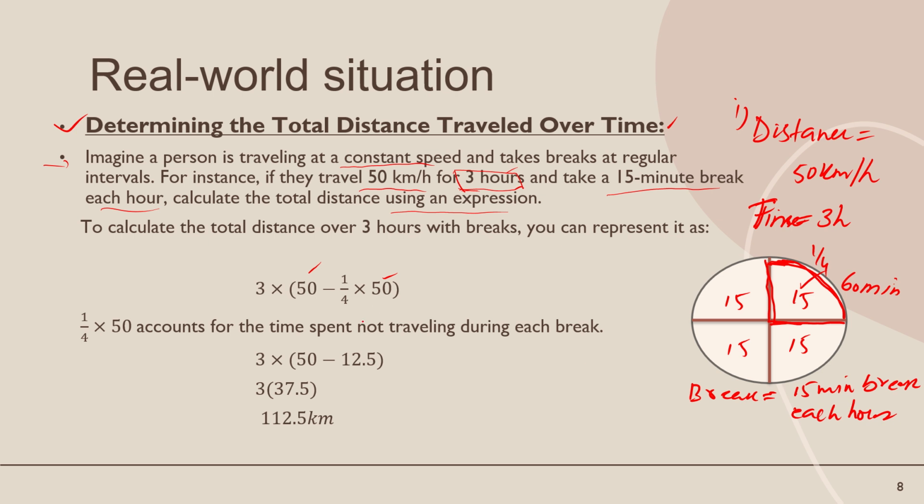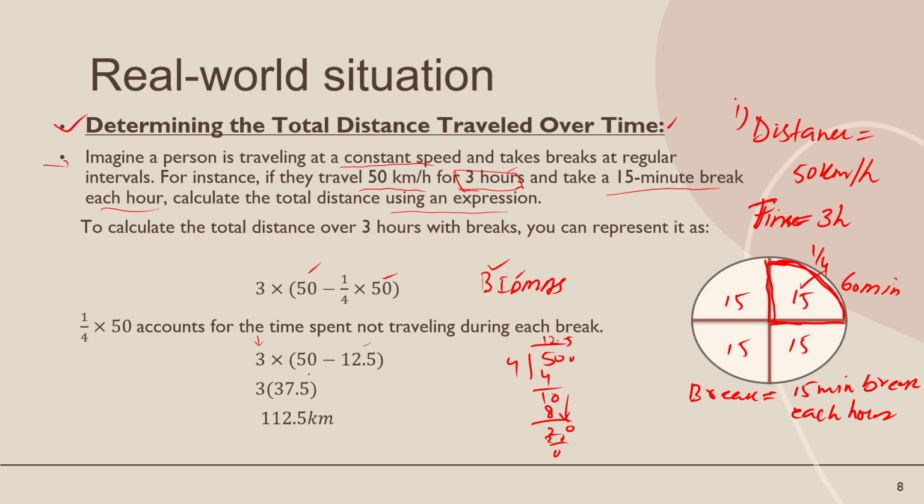First we solve by the BIDMAS rule, solve the bracket. So we write 3 as it is, 50 as it is, and we have 50 divided by 4, because after the bracket we will solve the division. 50 divided by 4 is 12.5.